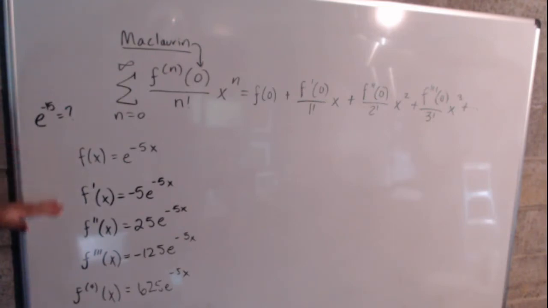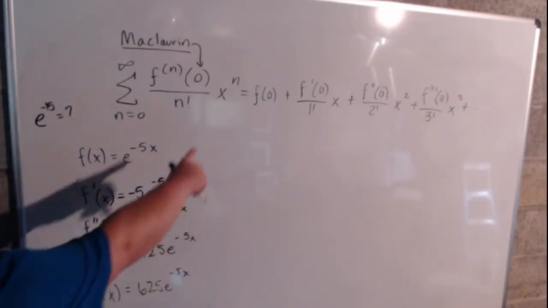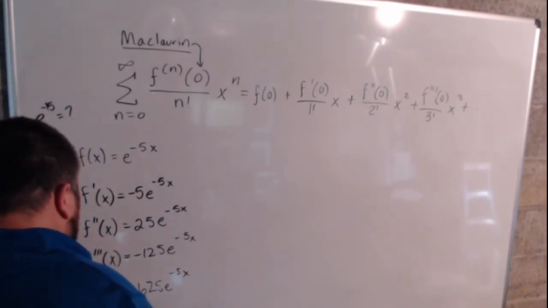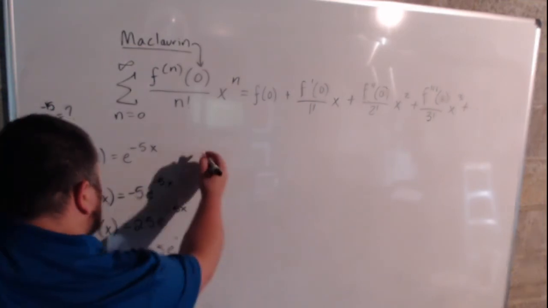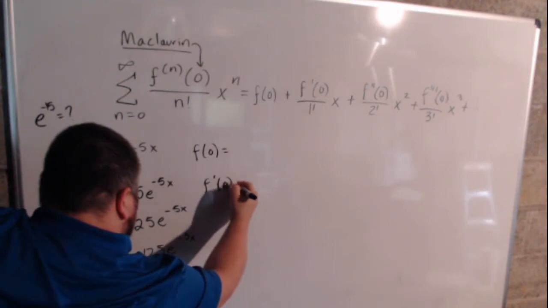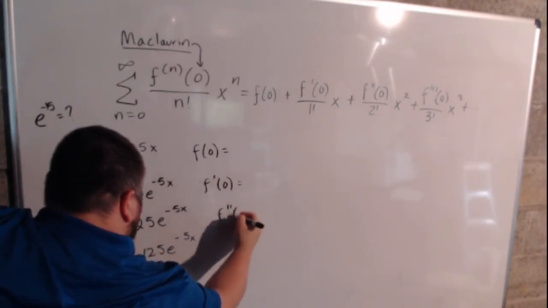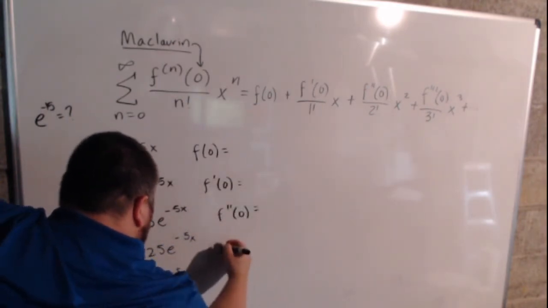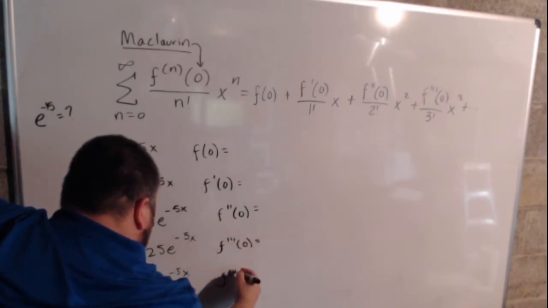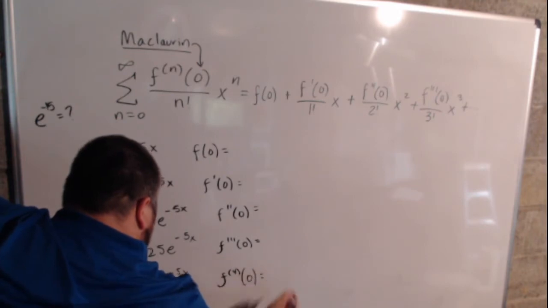So those are the derivatives, but the Maclaurin series requires us to plug in a equals 0. Or x equals 0, whatever you want to call it there. In this case, we call it a. All right, so f of 0, f prime, double prime, and there's that.